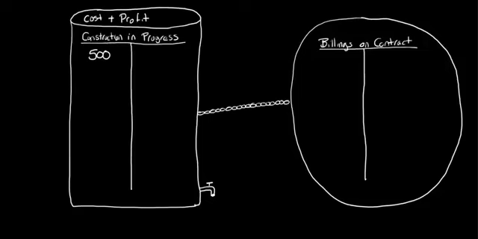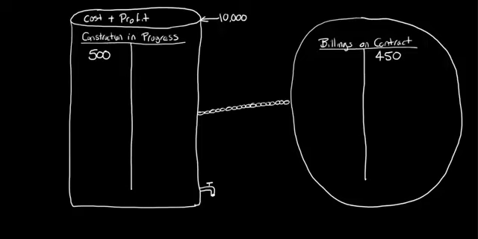So those are some of our costs we've put in. I'm also going to record here my billings on contract because that's how much we have billed for it. So think of this as an asset that we're building up, and the bucket's going to fill up to our contract price, which in this case is the $10,000. It can go no higher than $10,000, or we're going to fill it up with costs and profit until it gets to that point.